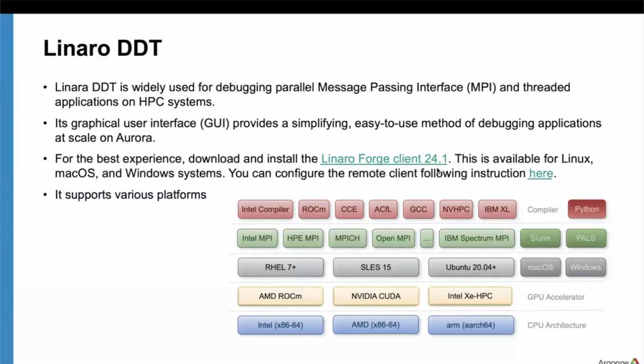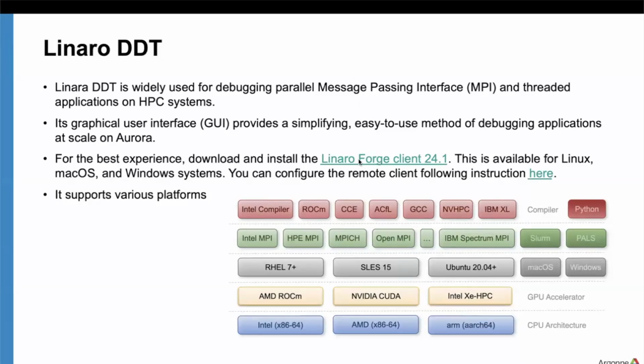We are working on the new SDK on Aurora. Once we have that SDK, we plan to deploy Linaro Forge 25.0 as well, and then you may need to update your Linaro client from 24.1 to 25.0.